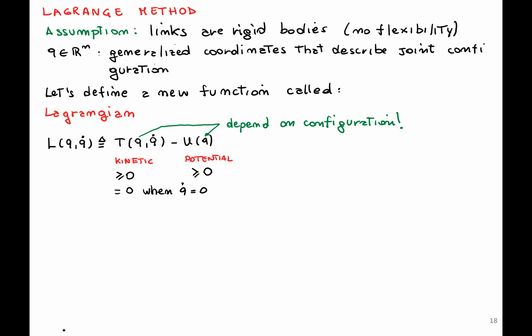And the potential energy is due to the fact that the robot is immersed in a gravity field, and the farther away you are from the center of the Earth, the higher the potential energy, while if you are closer to the center of the Earth, the potential energy is reduced.